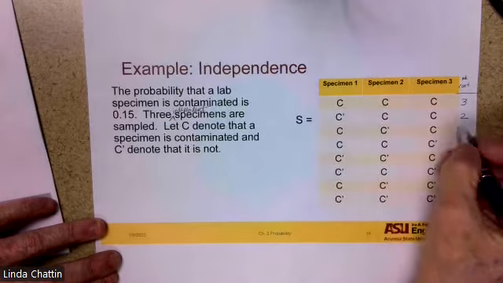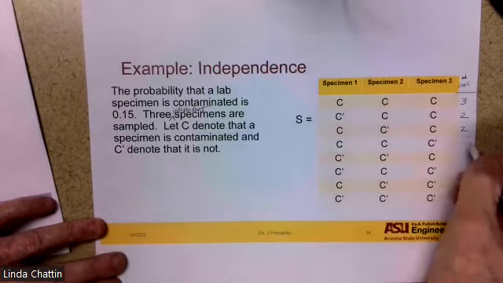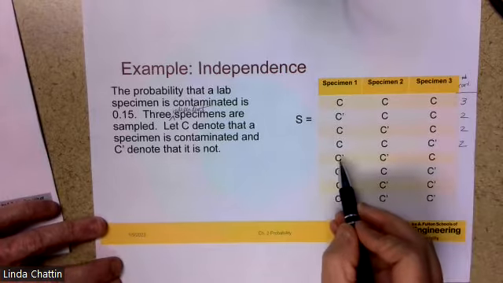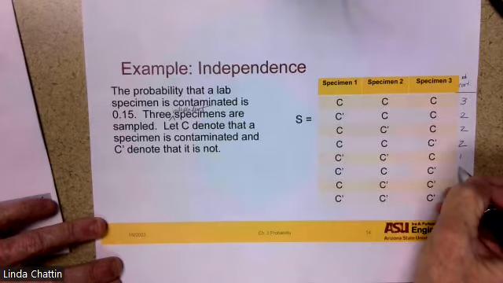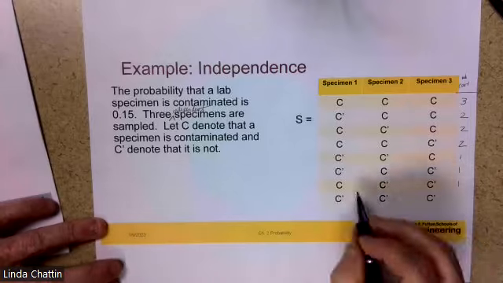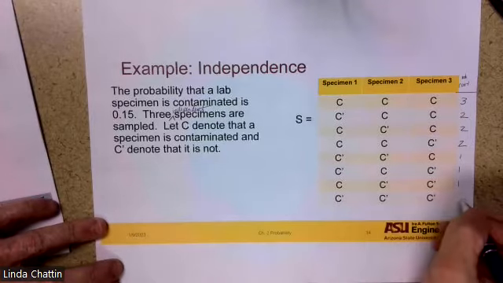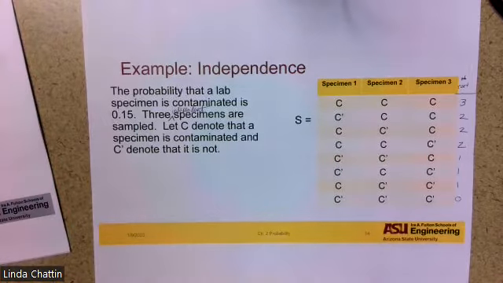Here I have 2 that are contaminated. They're different specimens. And then this one is also 2. And then here I have 2 that are not contaminated, which means I have 1 contaminated here, 1 here, and 1 here. And then finally, I have 3 of them not contaminated. So the total number of contaminated specimens there would be 0. So what I've just done is enumerated the sample space, and I've said that each one of these specimens is independent. So now let's answer some questions about these samples.